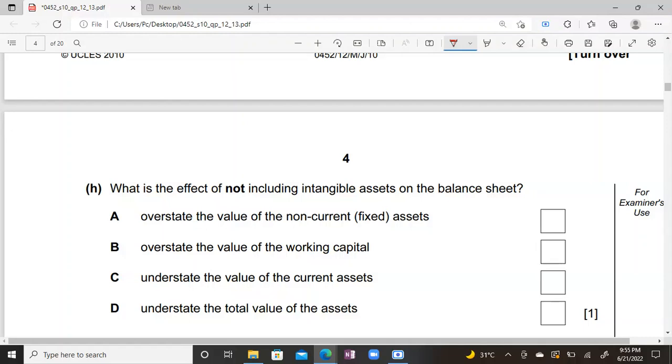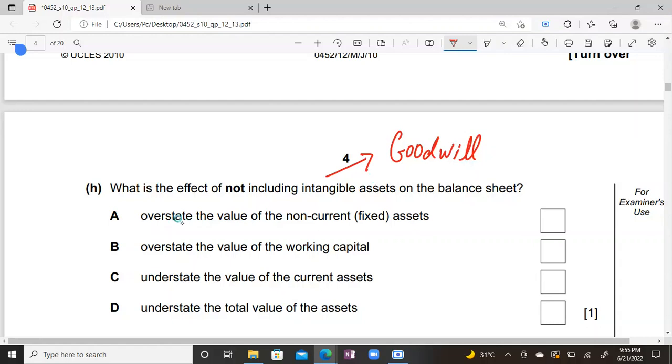They are our tangible non-current assets. And intangible is that which cannot be seen, for example, goodwill. So goodwill is an intangible asset.